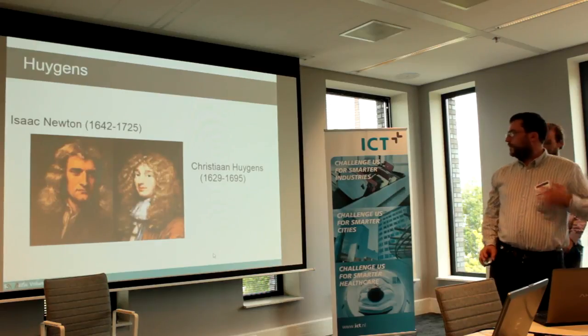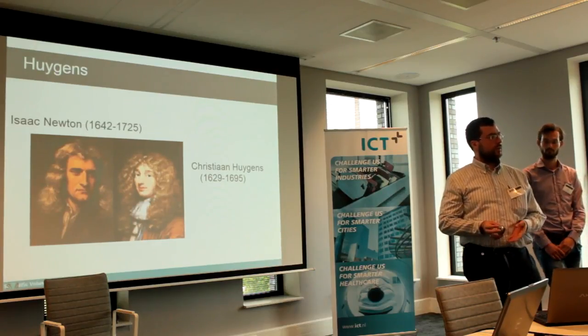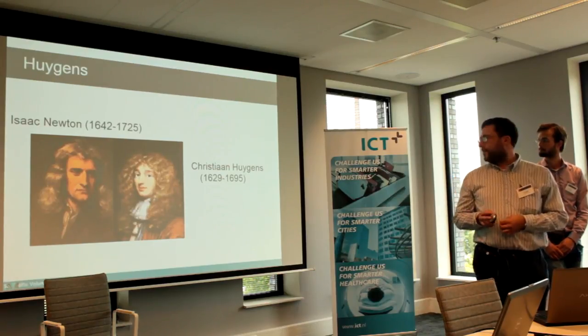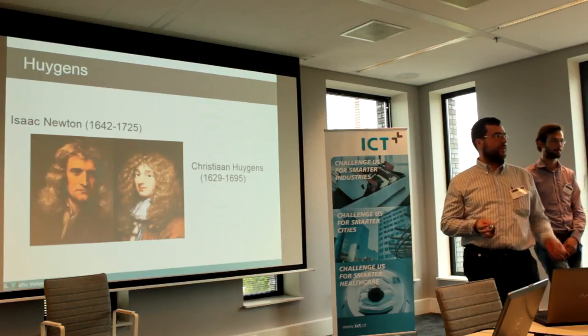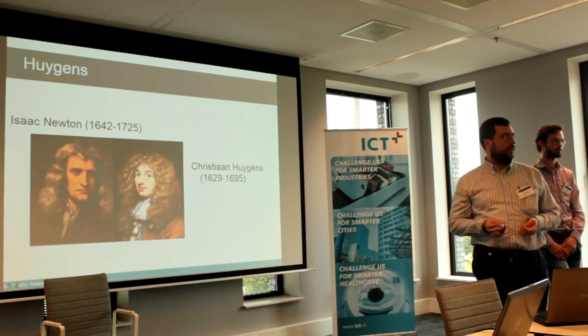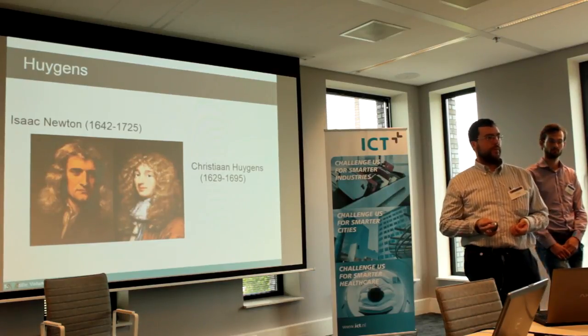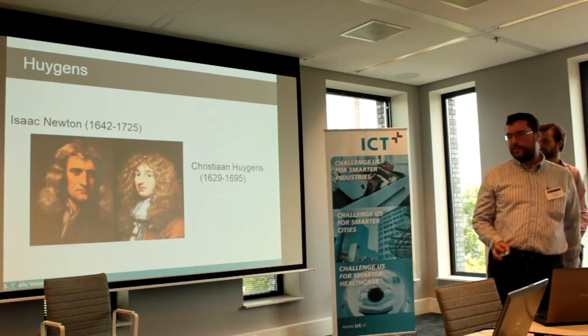Go to the next slide. The software is called Huygens. It is named after the Dutch scientist Christiaan Huygens, who lived in approximately the same time as Isaac Newton, and is known for his contributions to optical theory, like the superposition principle of waves, and some contributions to polarization and a lot of other things.